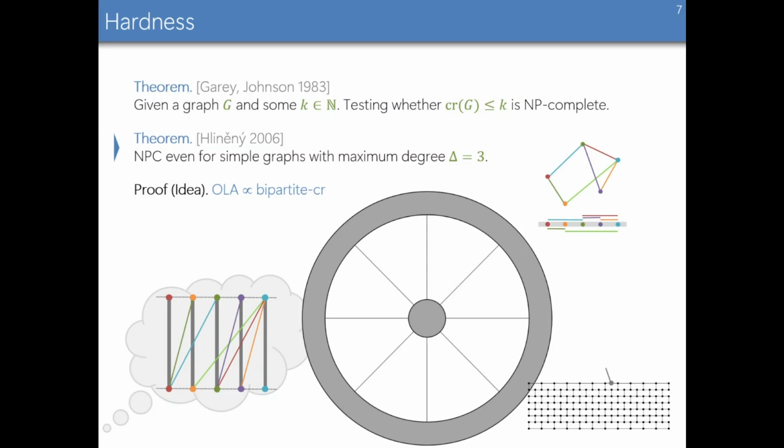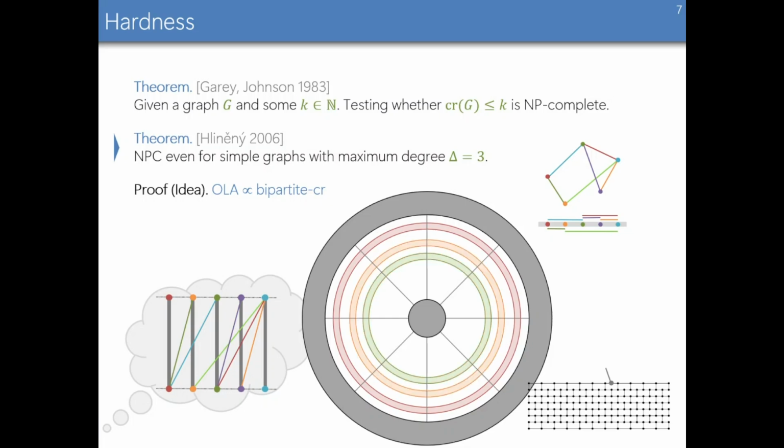And now, for every vertex in your instance of the optimal linear arrangement problem, you just construct yet another ring. And each ring, again, is just a thick enough ring consisting of this substructure. And you have a ring for the red vertex, and a ring for the orange, for the green, for the violet, and for the turquoise. And now these are just rings. They're not yet attached to the whole construction.